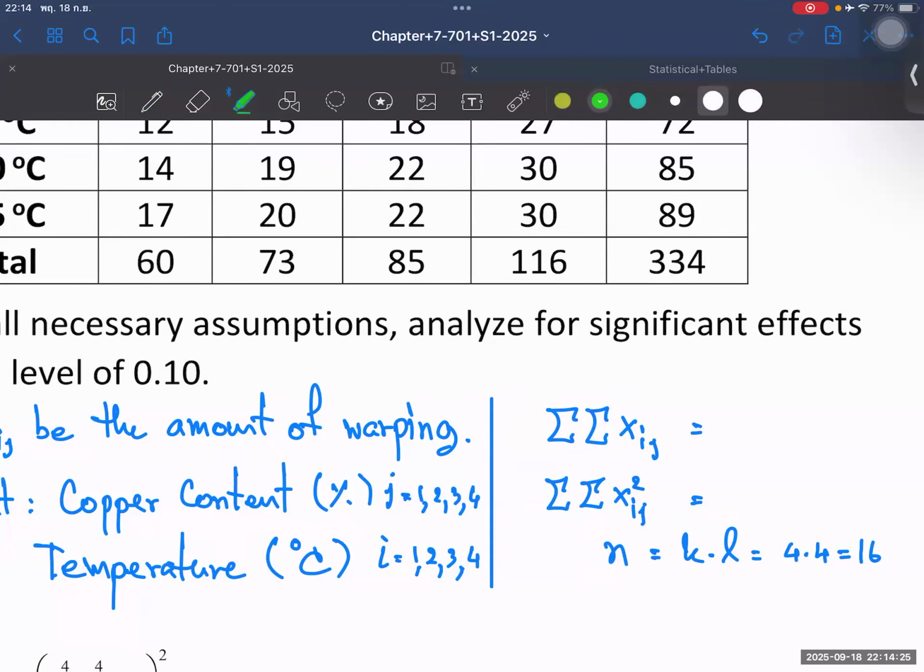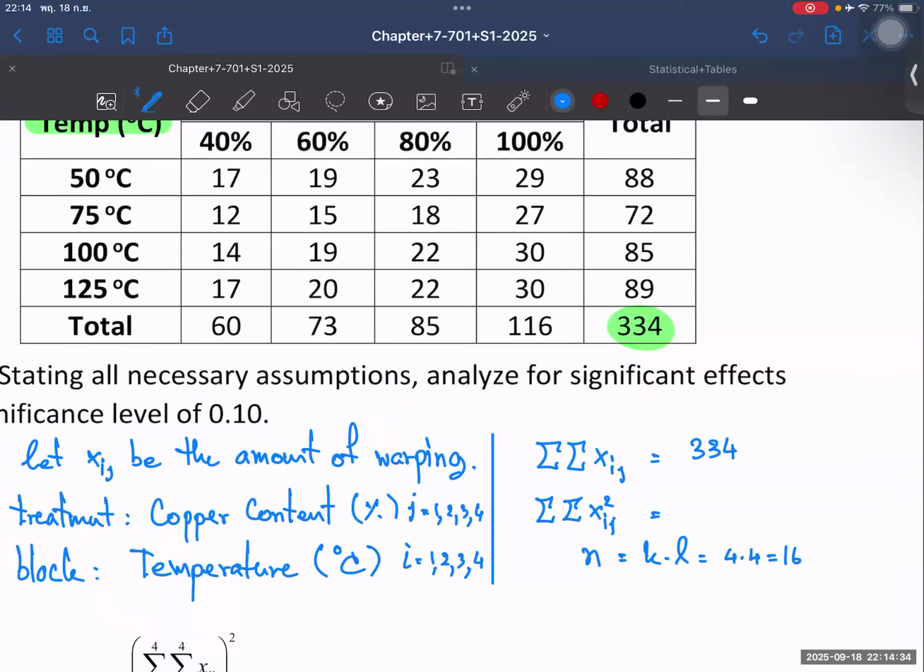And the sum of the xij is 334. Okay, so we calculate the sum of the sum of squares.